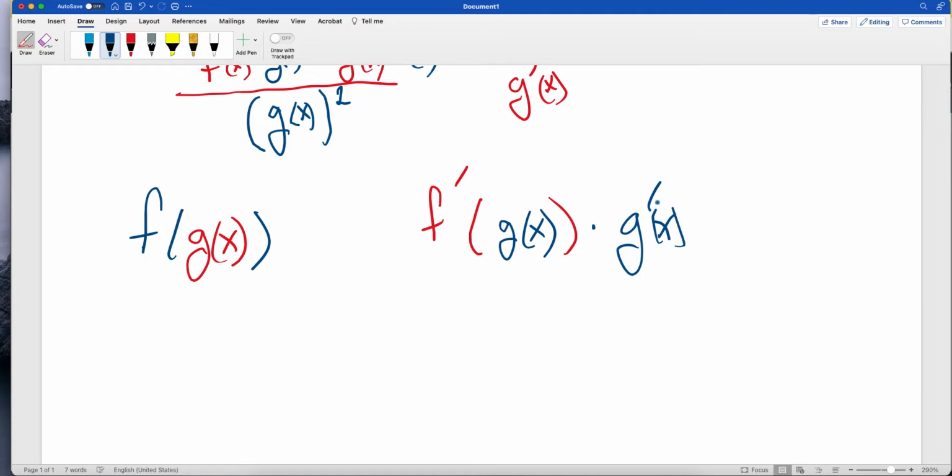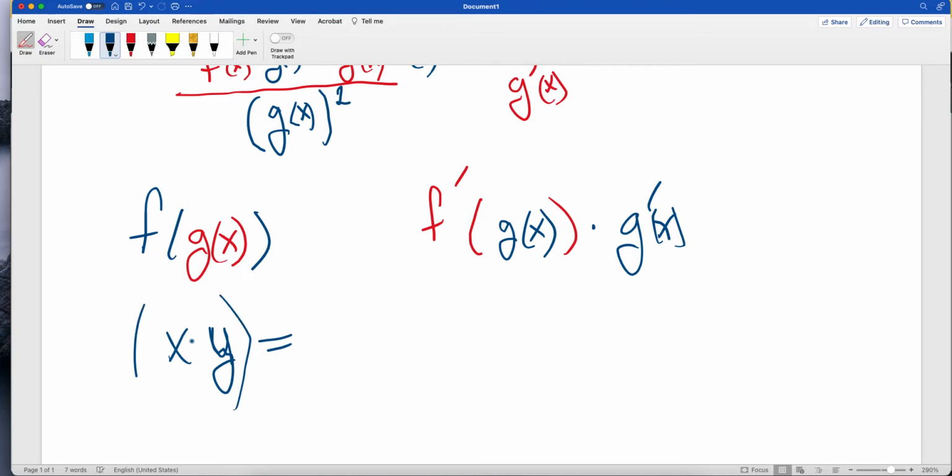And then there were implicit derivatives, which it's hard to give a specific example, but that's when we had two variables, or three in some cases. I'll just do an example, say x times y.